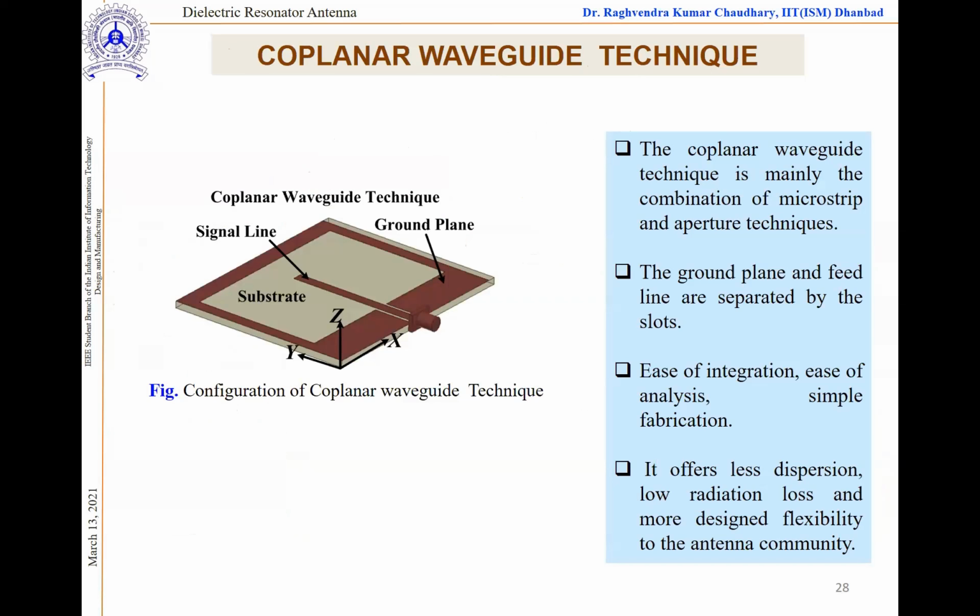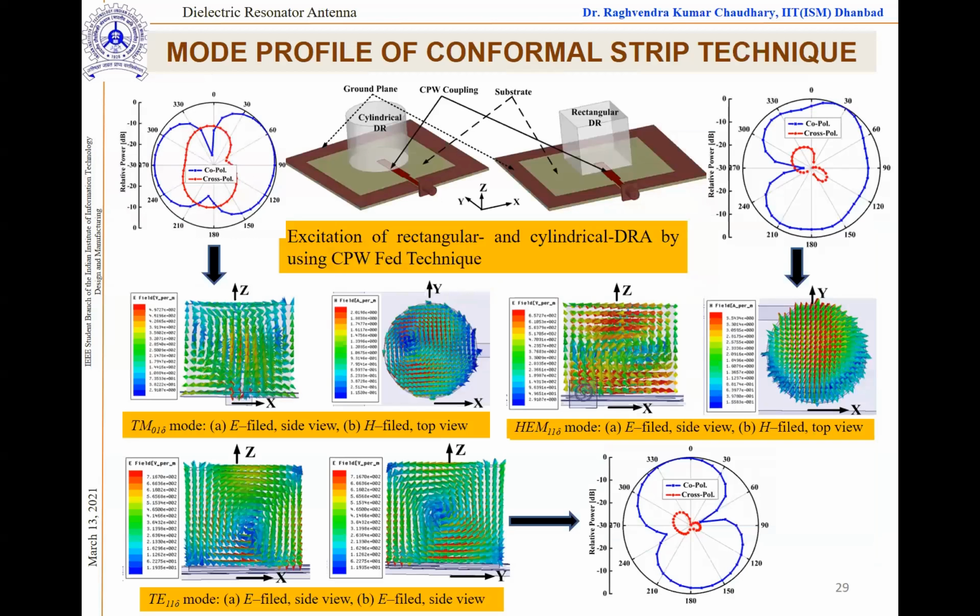Similarly, the coplanar waveguide technique is very important nowadays, because we want to put everything on the same plane: ground, circuit, everything. If this is the situation, you can definitely go for the coplanar waveguide.